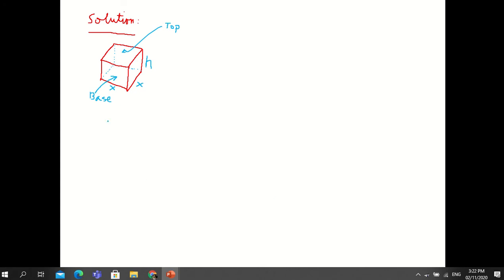Okay, so we are going to express the cost in terms of the dimensions of this box and also the cost of the material that we are going to use to make this box.